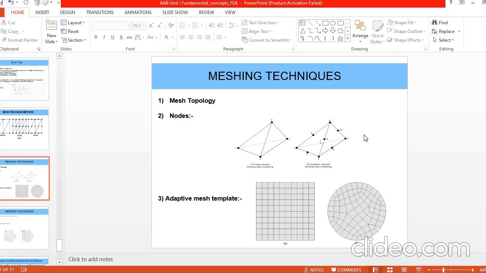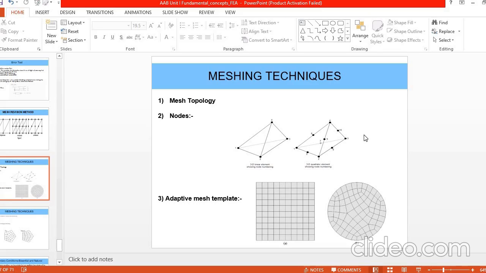Next is adaptive mesh template. This method is also called the grid based approach. In this case, the template consists of infinite rectangular or triangular grids.